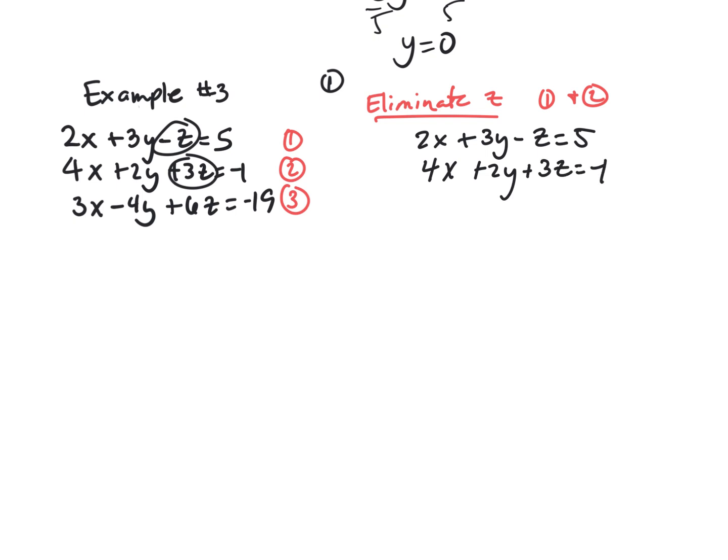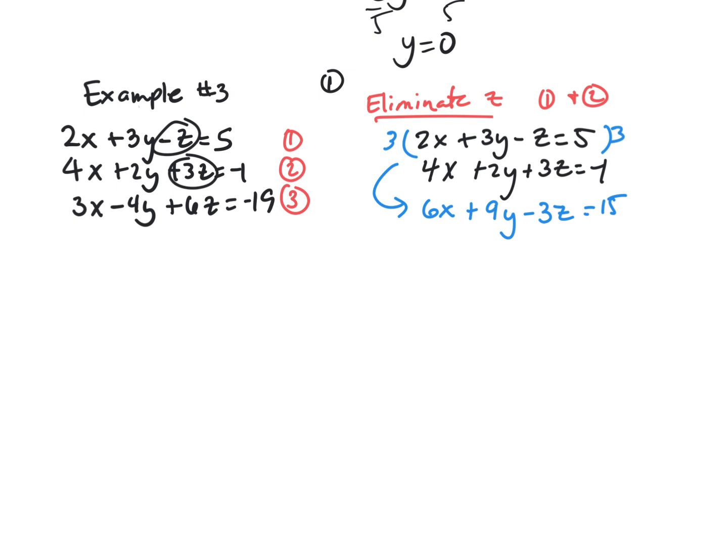So let's multiply this top one by 3. I get 6x plus 9y minus 3z equals 15.